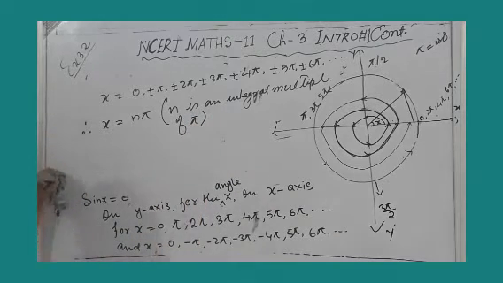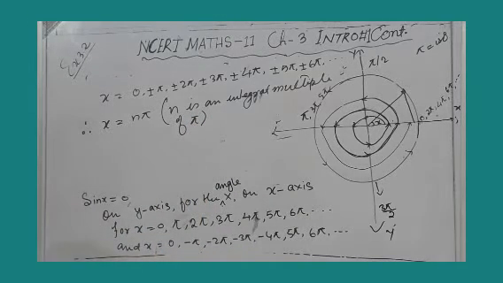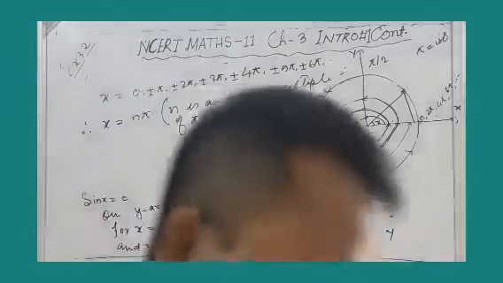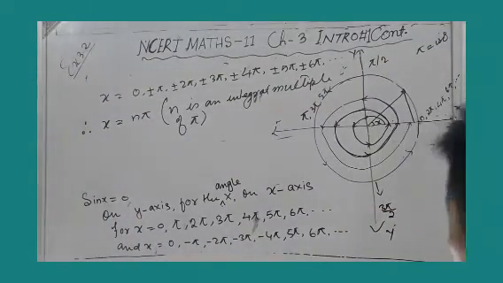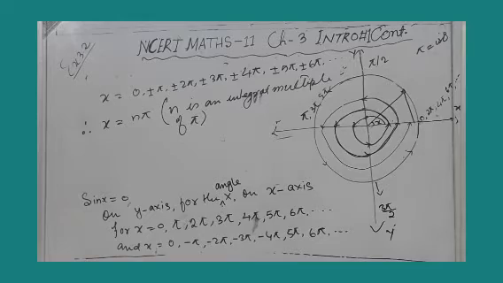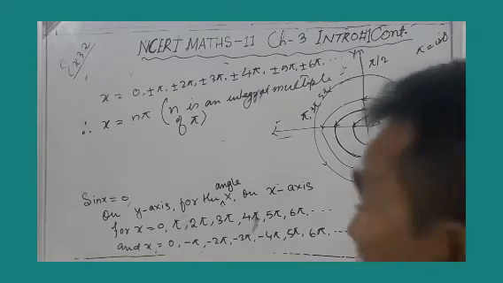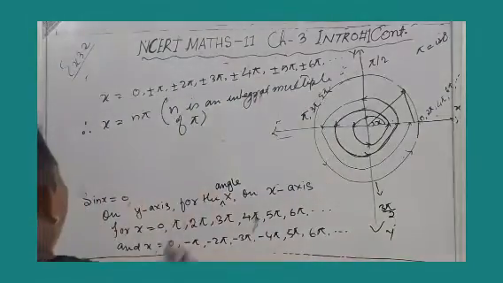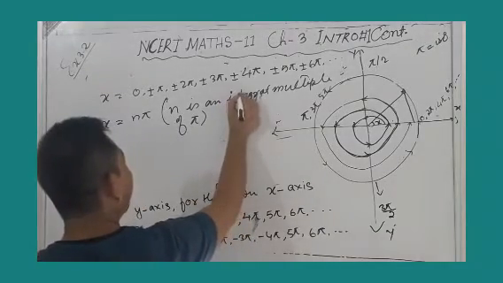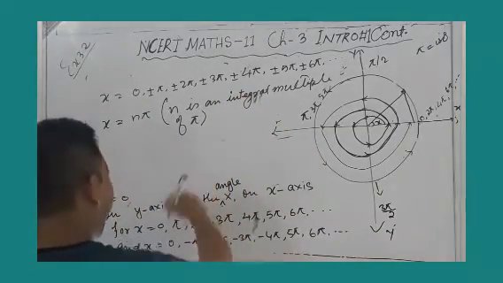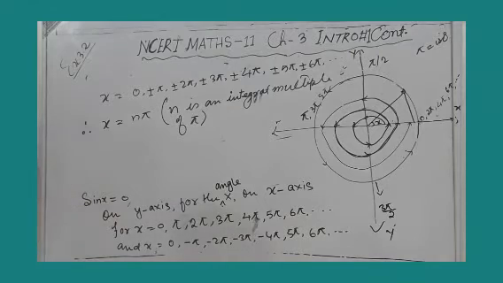This is for sin x equal to 0, x is equal to n pi, where n is an integral multiple of pi. Okay, fine.